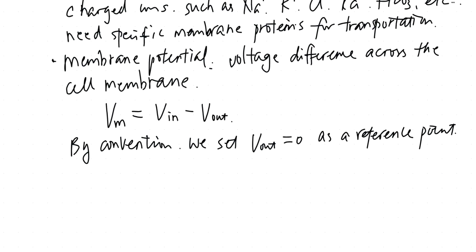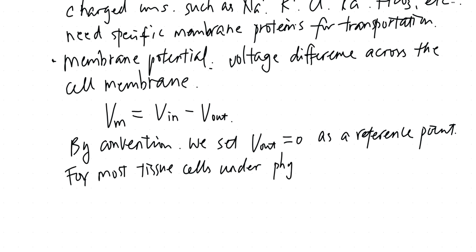So for most tissue cells under physiological conditions, Vm is about minus 60 millivolts.